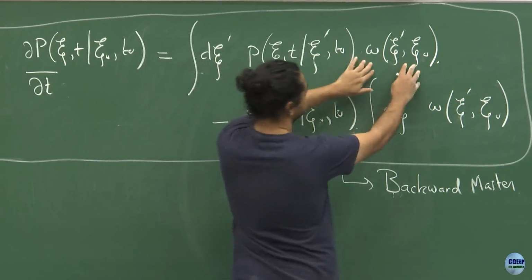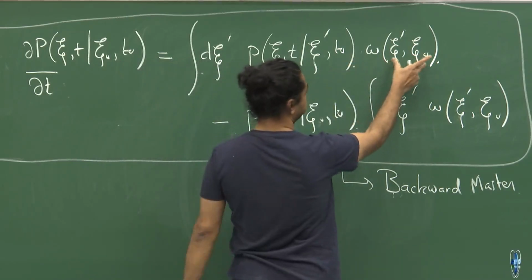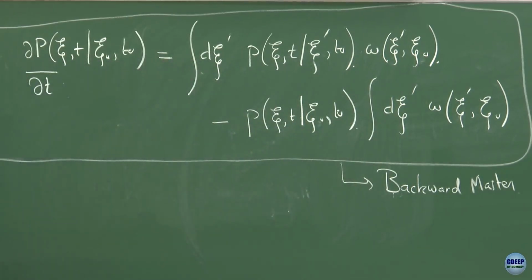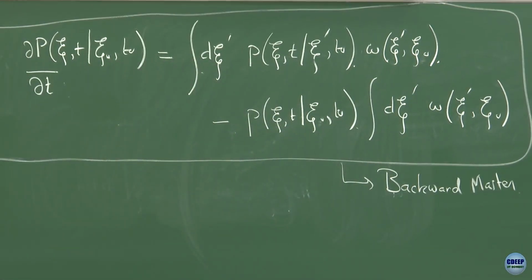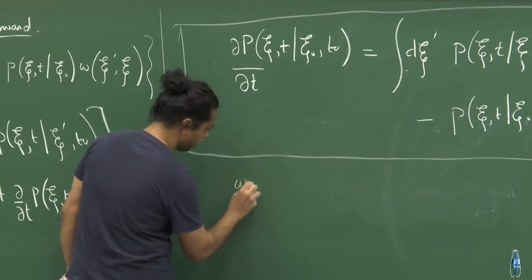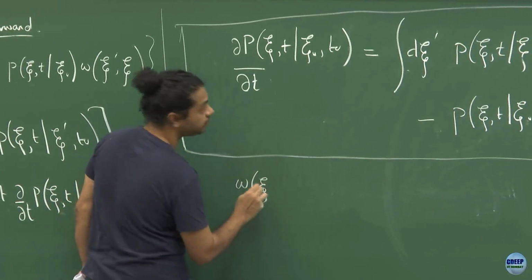We will take the backward master equation, rewrite these transition rates in terms of the jump size, and then keep only the first few terms, and that will give us our backward Fokker-Planck. And you will see one of the advantages of the backward Fokker-Planck as compared to the forward Fokker-Planck.